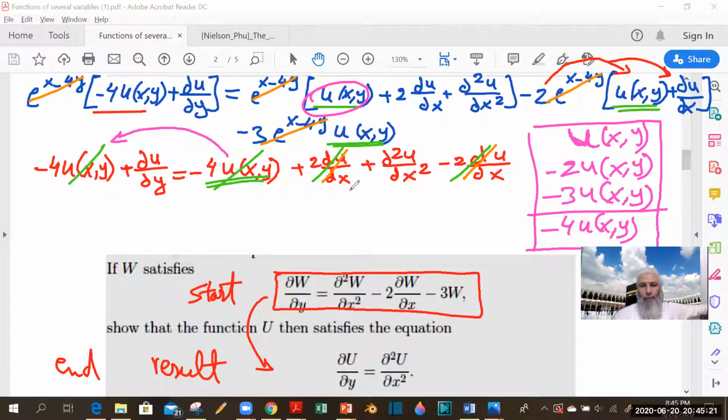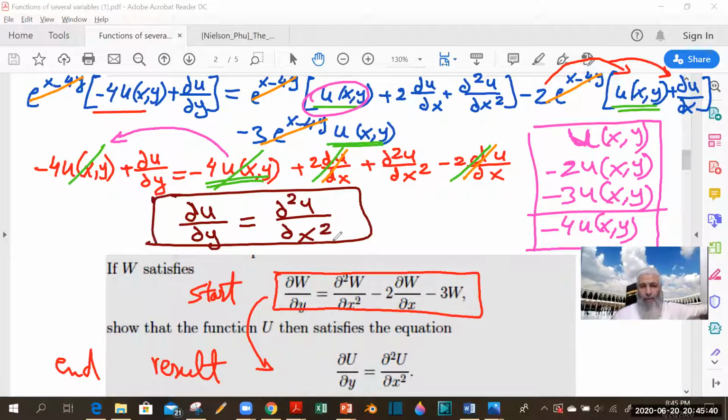So now we have left only this: du dy equals d2u dx squared. And that's it, the end. This is our answer. Okay, I got it. Okay? Yes.